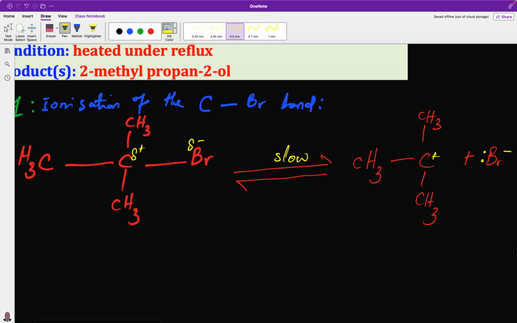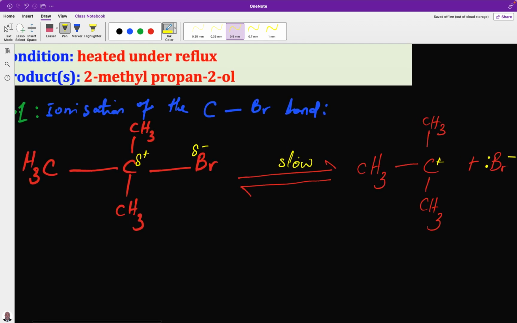As I told you initially, this should be explained using the curly arrows. Because of the electronegativity here, what is happening? This one has a higher electronegativity than the carbon, so it has that tendency to draw electrons towards itself.